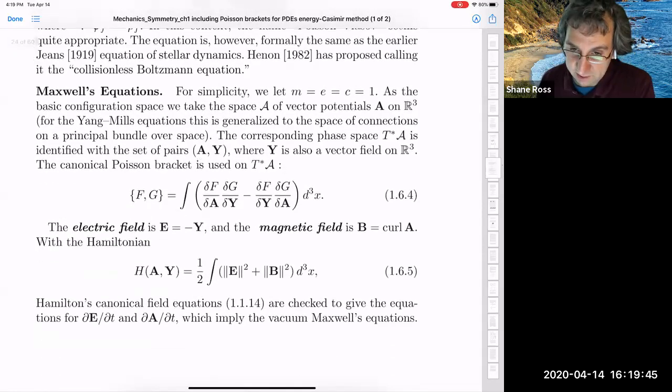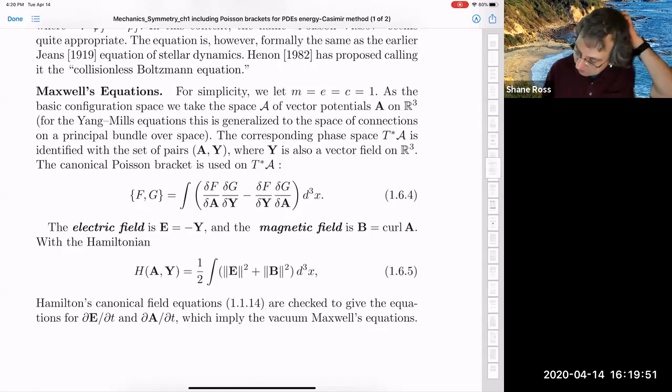Maxwell's equations, which describe how electric and magnetic fields evolve in space and time, are some very famous PDEs in physics, and you could write those as Hamiltonian. This is the Hamiltonian.